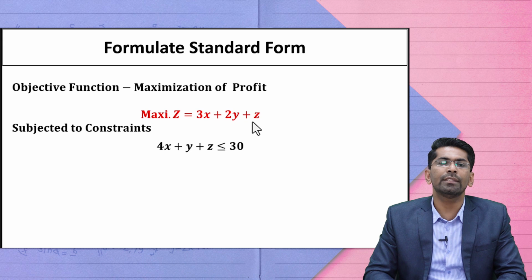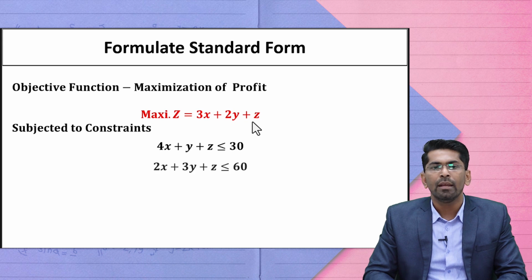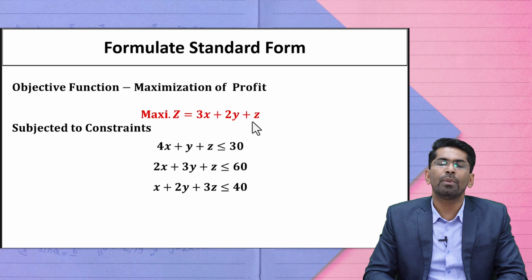The constraints are 4x plus y plus z less than or equal to 30, 2x plus 3y plus z less than or equal to 60, and the third one, x plus 2y plus 3z less than or equal to 40. Since our problem is the maximization of profit, our inequality sign is less than or equal to. This is the standard format for the maximization of a particular function.